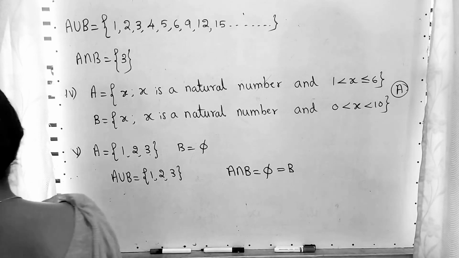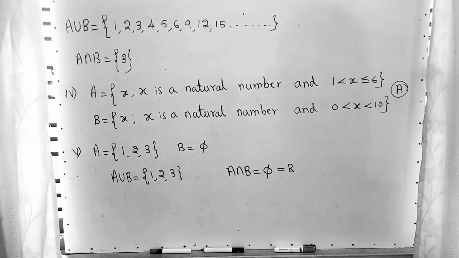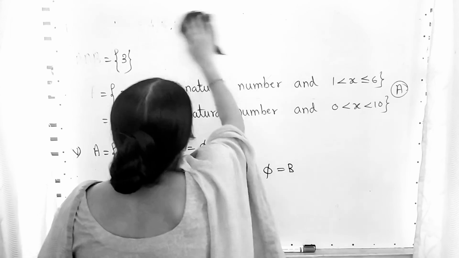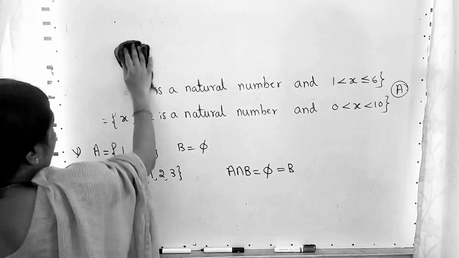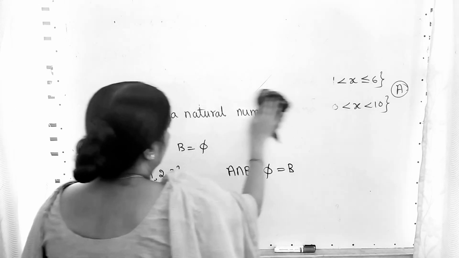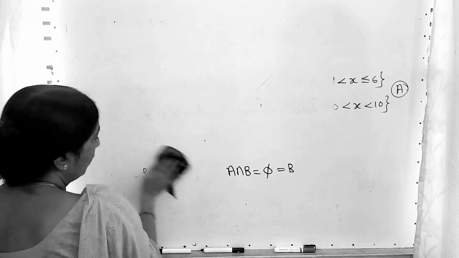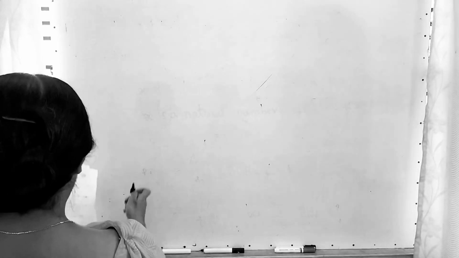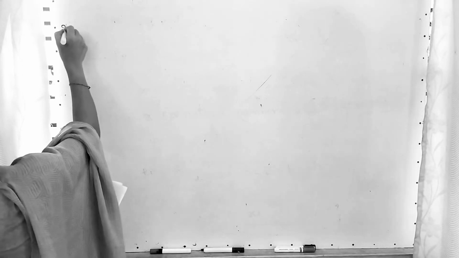Now we are moving to the second main question. Here I completed the first and fifth main questions, that is, finding the union and intersection. Now I am moving to the second main question from exercise 1.4.